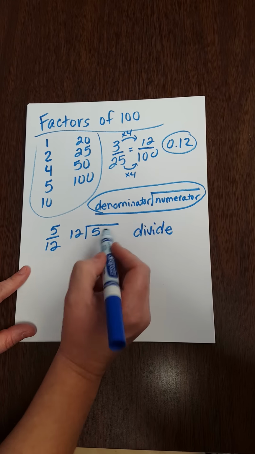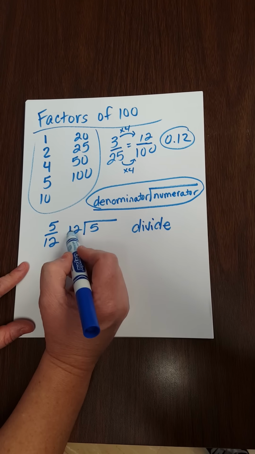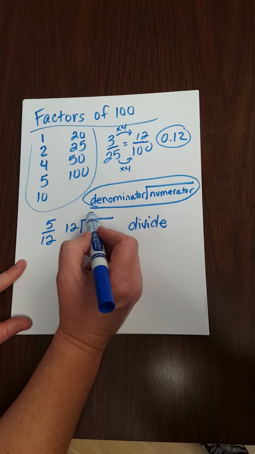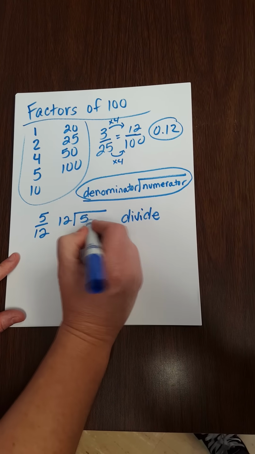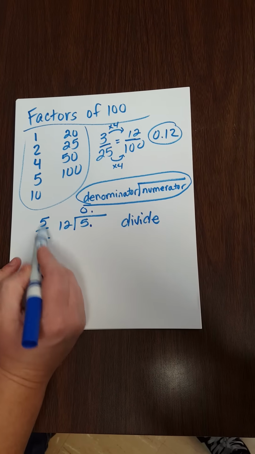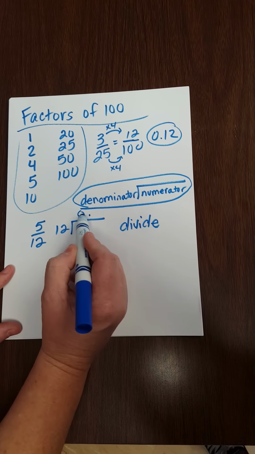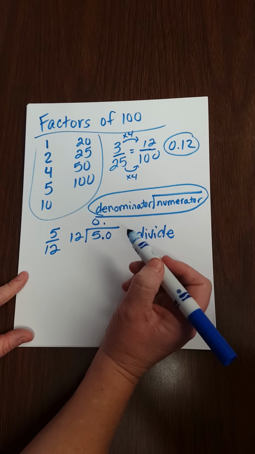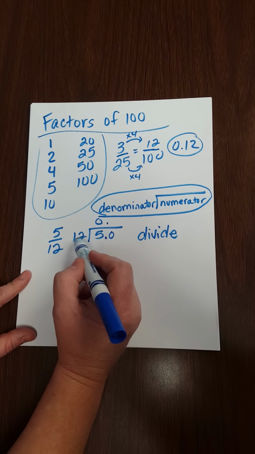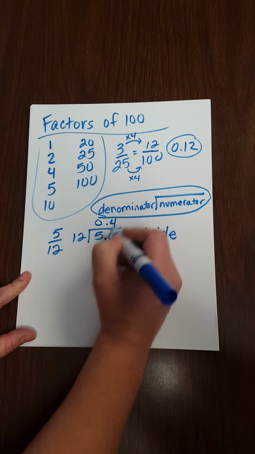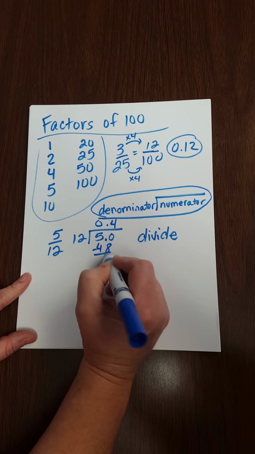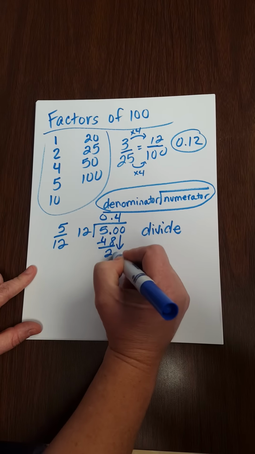Now, you should get a number less than 1. If you get a whole number, if you say, oh, 12 goes into 5 and you get a whole number here, that means you got your numbers backwards. It should be less than 1 because this fraction is less than 1. So your number here should be a 0 and you would have to add a decimal and a 0 here. So now 12 times 4 is 48 and I subtract and get a 2 and I could add a 0, bring it down.